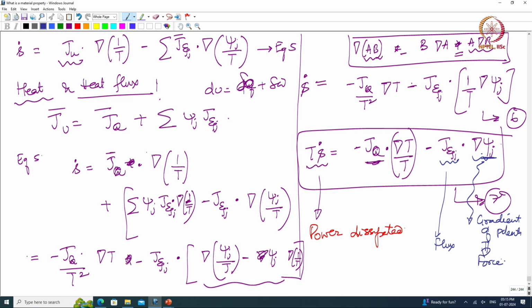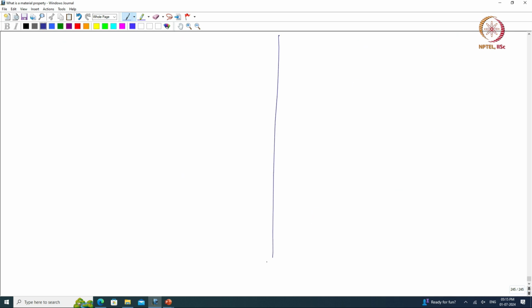Now, what is this gradient of potential? If psi j is my voltage, gradient of voltage is the electric field, that is the force, right. And if E is the force, the flux is actually j q, or J, the flux of charge carriers, right.